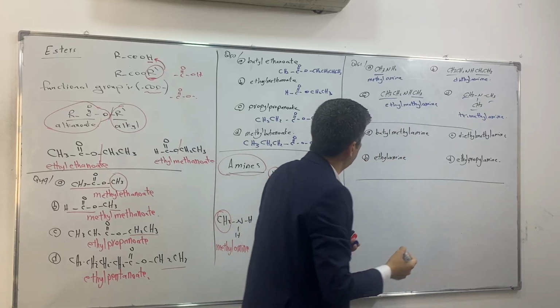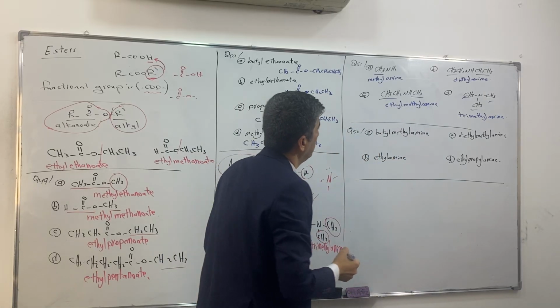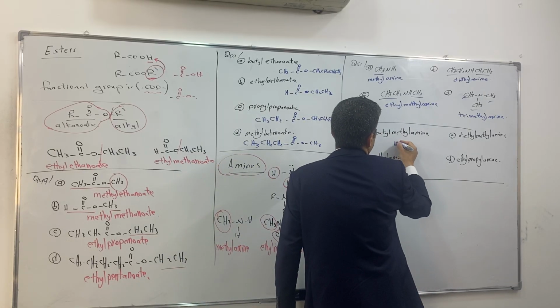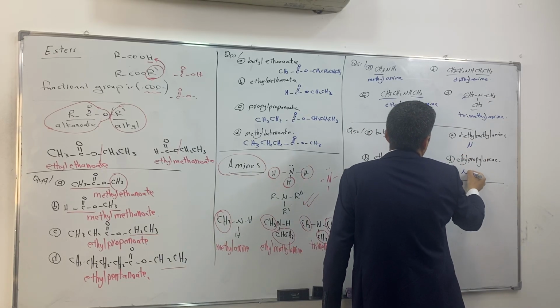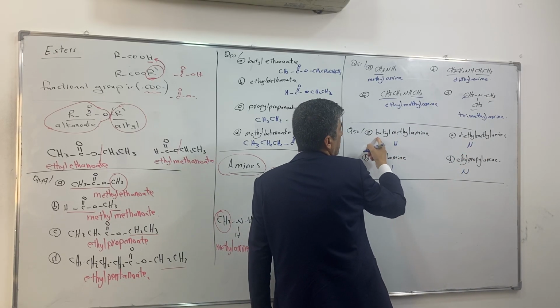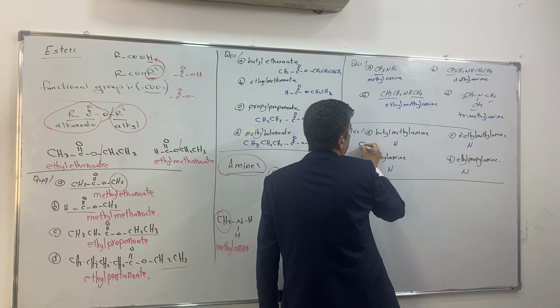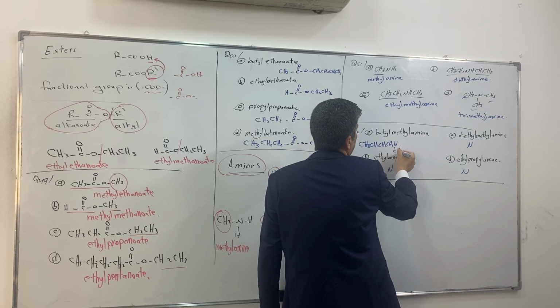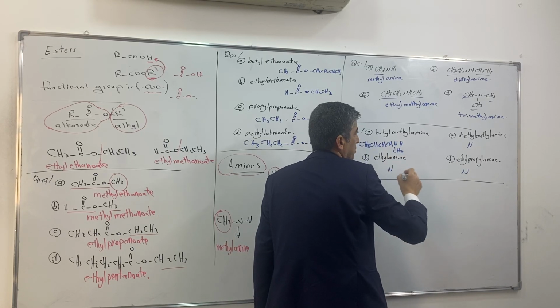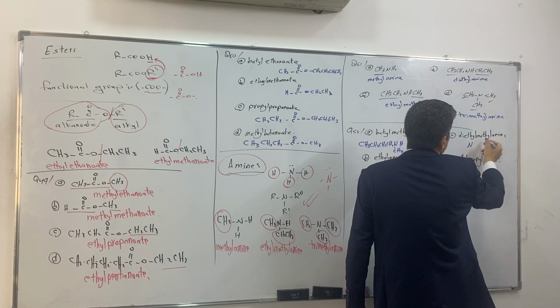When we draw the structure of an amine, we always have nitrogen here in these compounds. Then write the alkyl group: butyl methylamine, butyl here with 4 carbon atoms, and methyl amine. This compound is diethyl methylamine.